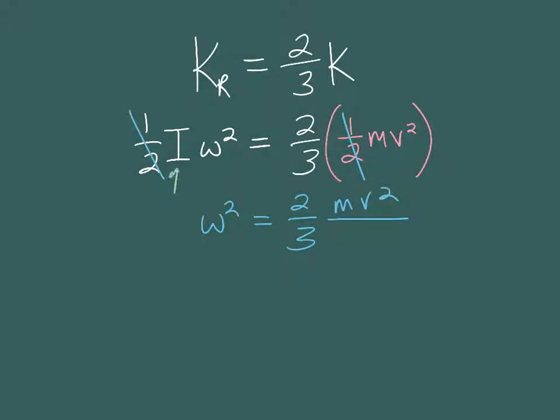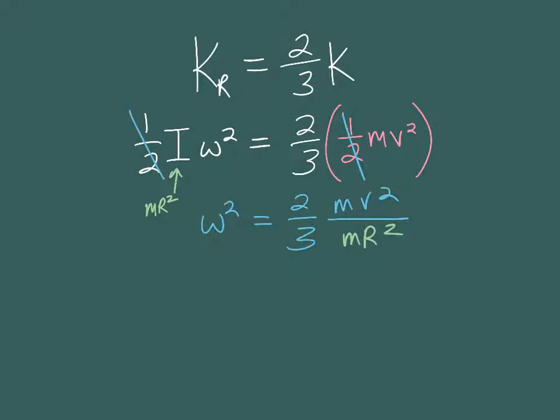This I is just going to be, since it's a particle, a sphere is just an mr squared, a point particle. If you remember when we first developed this idea, it just ended up being mr squared. And so that I results in just having an mr squared.